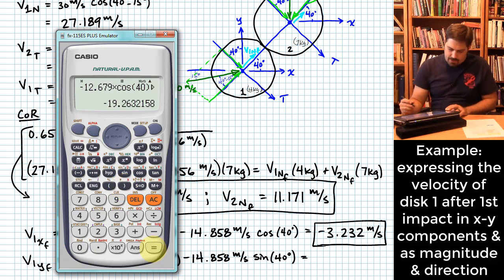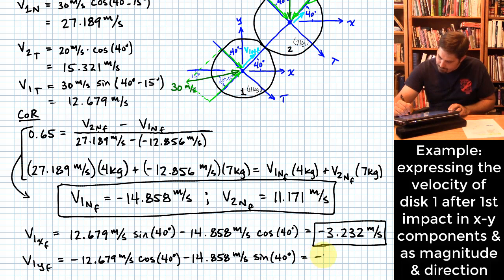All right, and that gives me a negative 19.263 meters per second.